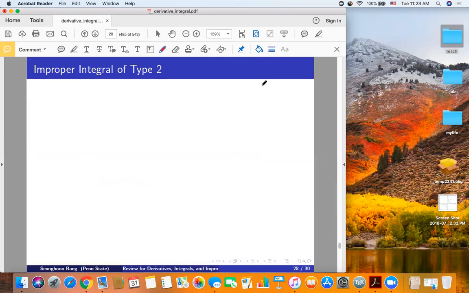The next one, the second type of improper integral. Case 1: discontinuity at b. Here, you can replace the discontinuous point by t, where t approaches b from the left. Here we have a and b. You can choose t approaching b from the left, the discontinuous point.